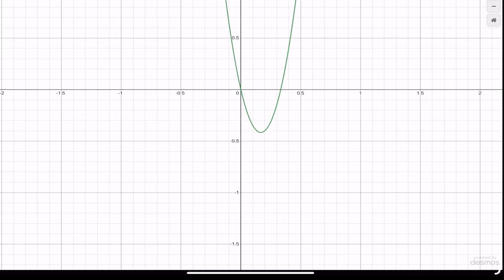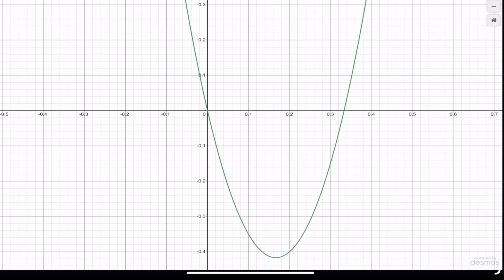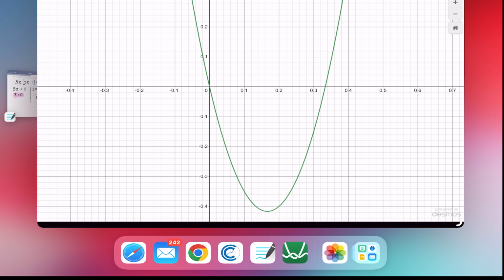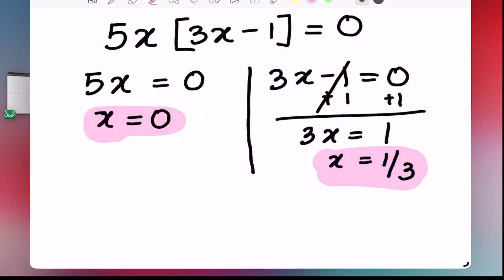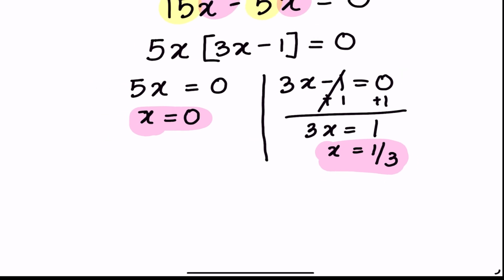Once I do that, as you can see, my solution is 0 and 0.33333, which is nothing but 1/3. And that's exactly what you got from your solving, from your worksheet, from your problem, or from your solution.